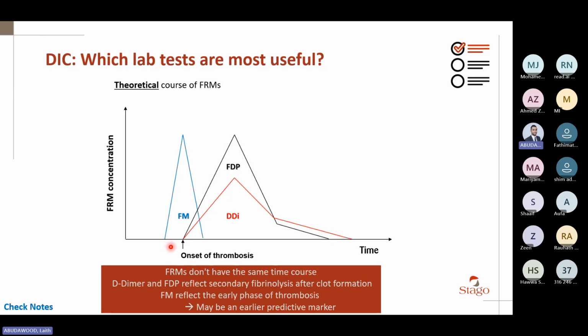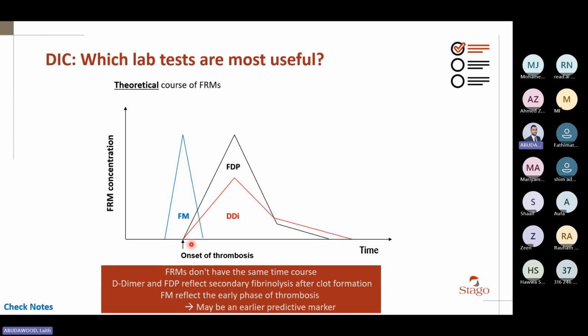Then later on, fibrinolysis starts to happen. Fibrinolysis starts to generate fibrin degradation products and fibrinogen degradation products in some cases, plus D-dimer. Okay, so we start to form fibrin, then the clot forms, then the degradation of fibrin and fibrinogen starts to happen.